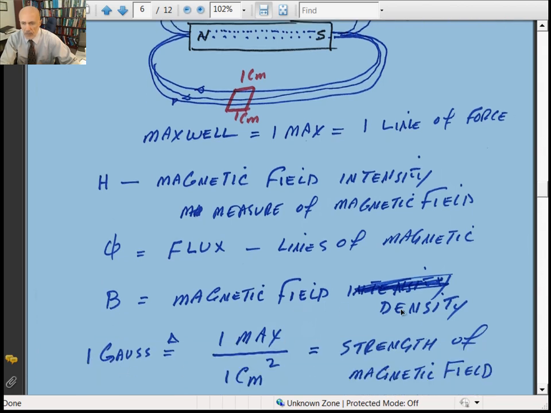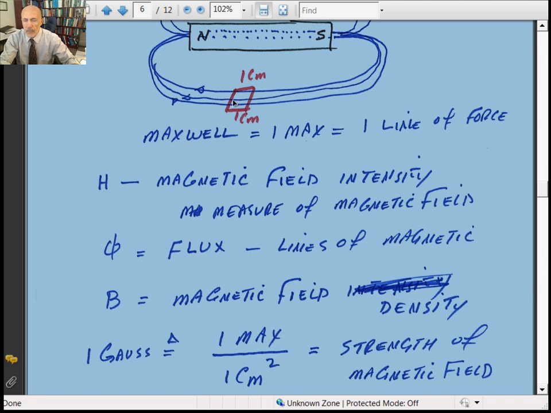So magnetic field density, B, is the strength of the magnetic field, which is measured by the number of Maxwells, the number of flux lines that you have per square centimeter. And that's after Mr. Gauss. So by definition, 1 Gauss is equal to 1 line of magnetic flux per square centimeter.